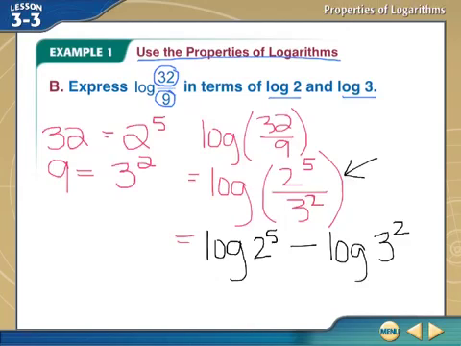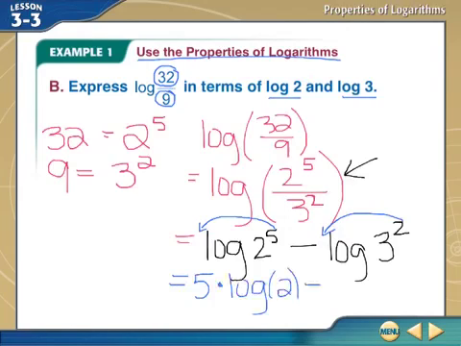And then from there, I'm going to apply the power property by bringing each of my exponents down out in front. The power property says that if you're taking the logarithm of a number raised to an exponent, that exponent can be brought down out in front and multiply the logarithm by that value. So this should be written, log of 2 to the 5th is the same thing as saying 5 times log of 2 minus, we still keep this subtraction sign there, we're going to get 2 times log of 3.